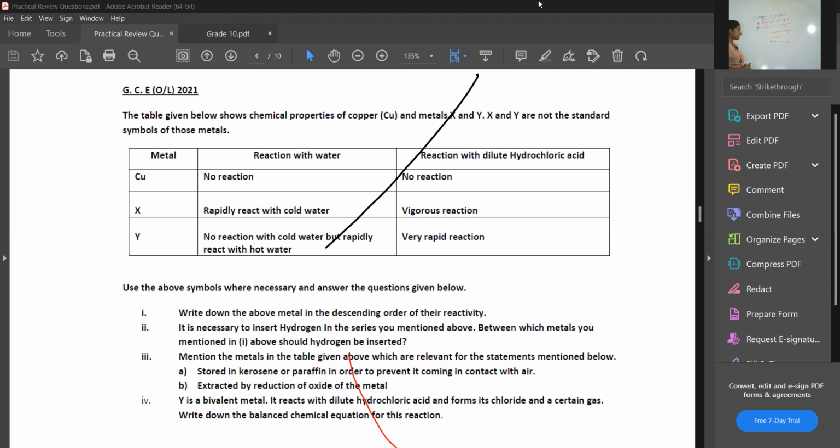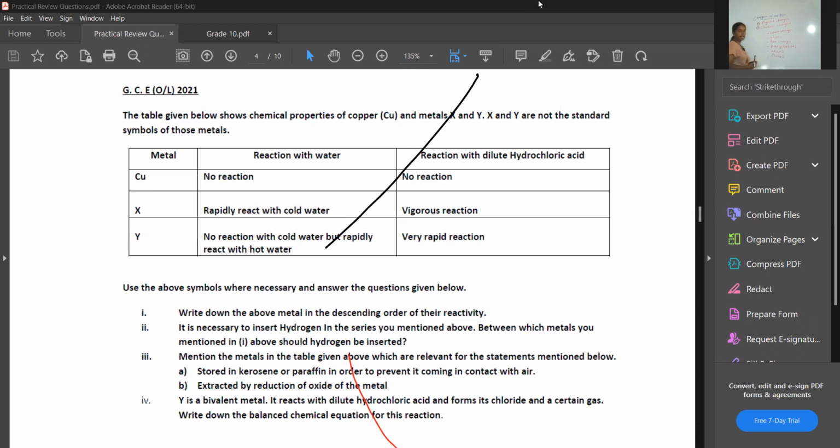There may be temperature changes, evolving of gases, color changes, making of precipitations, giving odors, giving flames.